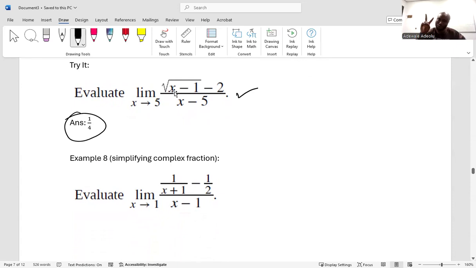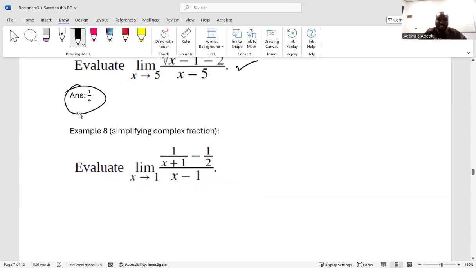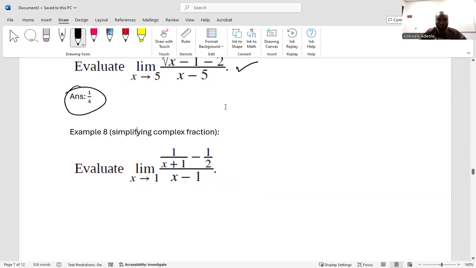Square root of 4 is 2. 2 minus 2 is 0, and 5 minus 5 at the denominator is 0. So you have the 0 over 0 form. Then you need to multiply by the conjugate of this, and then do the steps, use your limit laws, and see if you can arrive at 1/4.